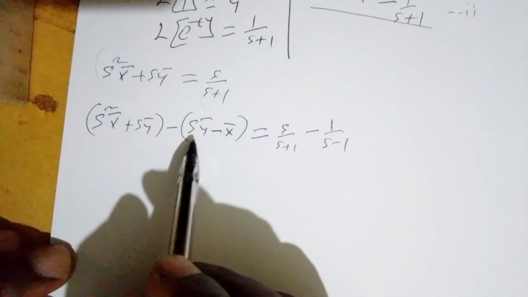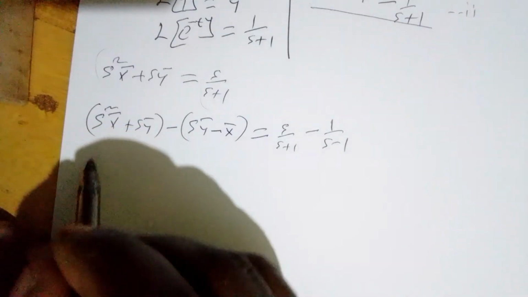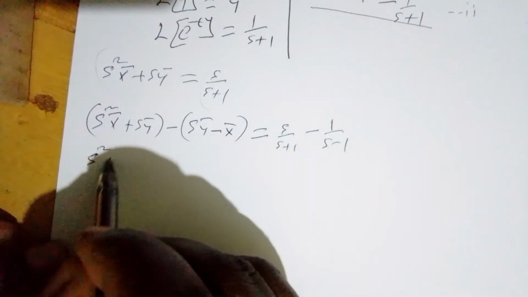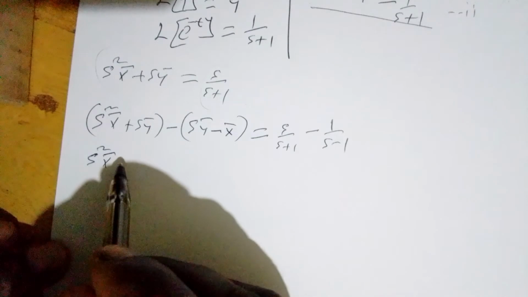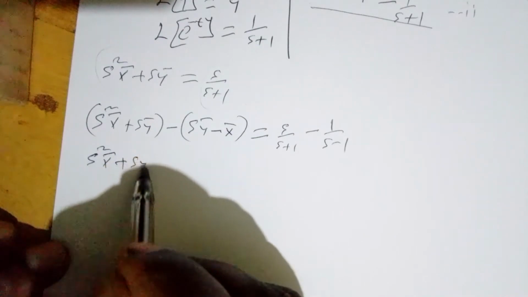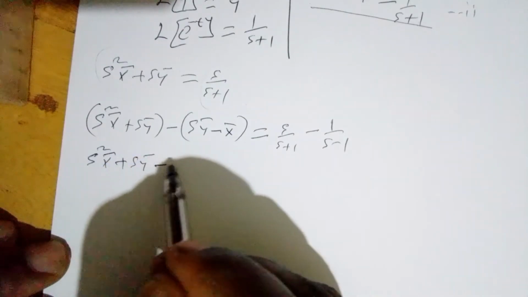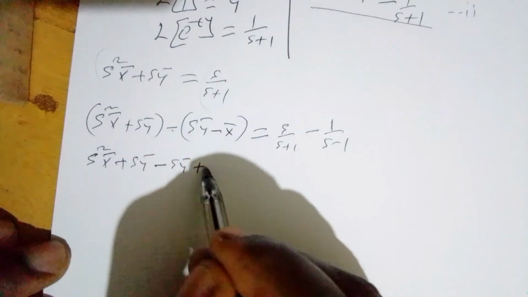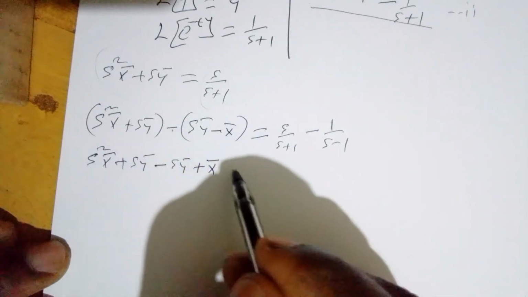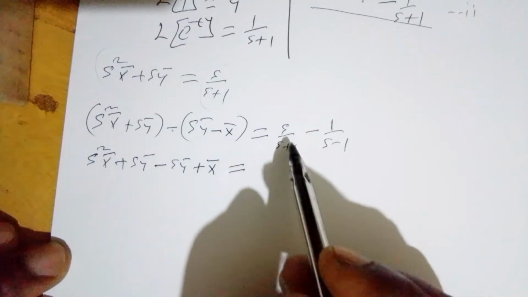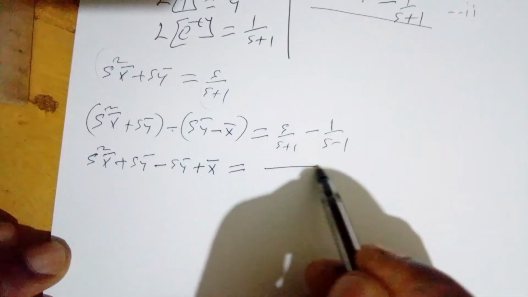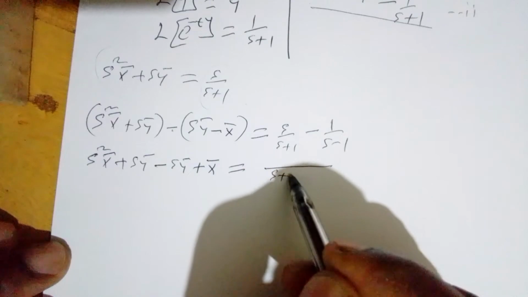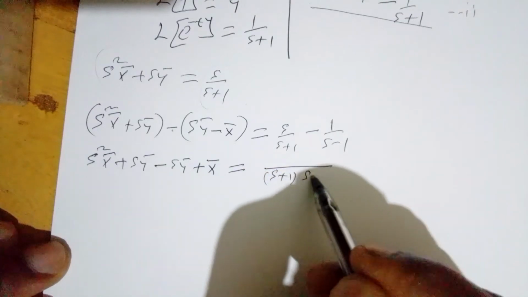Now let us open the bracket here. So we have s squared x bar plus s y bar minus s y bar, and minus times minus gives plus x bar, equals, now when we subtract here, the LCM is s plus 1 into s minus 1.